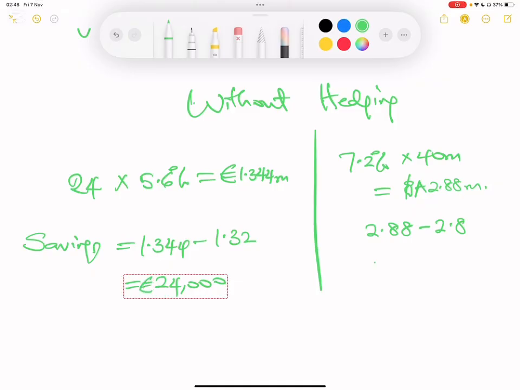And this guy was able to save 80,000 Australian dollars. That's how much they are able to save by hedging. So that is it. Basic understanding.